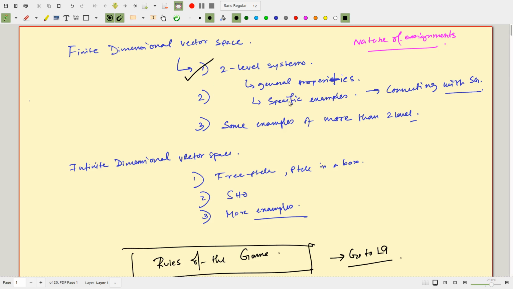We will first talk about some generic properties of that, and we will deal with some specific examples, mostly electrons in a magnetic field, and connect it with the Stern-Gerlach experiment. But I will briefly discuss that there are many other systems which have exactly the same kind of properties, even though they are very different objects from spin, but still they have the same two dimensional Hilbert space.